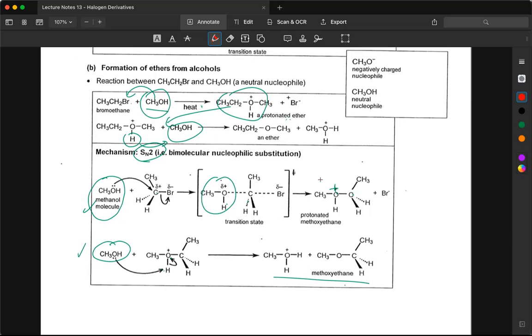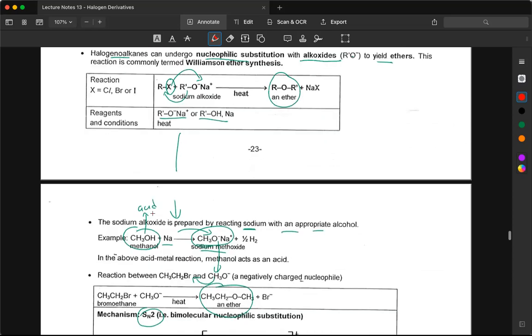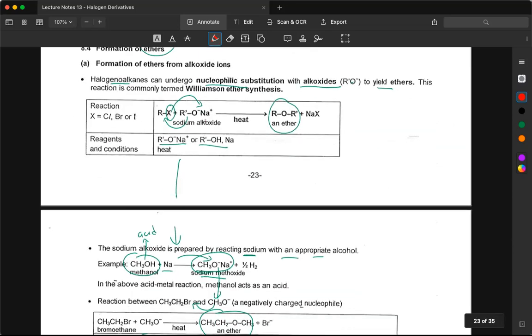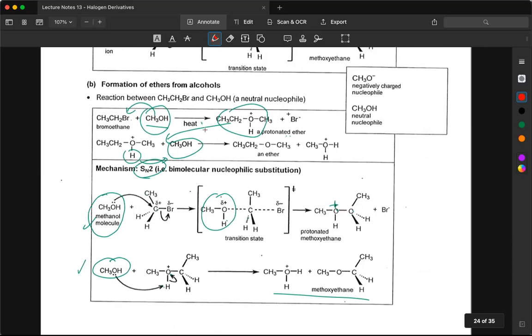After the protonated ether is formed, it undergoes further reaction with alcohol. So this is just one step, no? After this is done, there's a second step. So we can either form ether through this, with alkoxide ions and the halogenoalkane, or you take the alcohol with the halogenoalkane, but then it will take two steps, as shown.